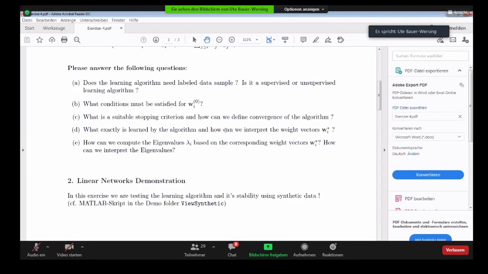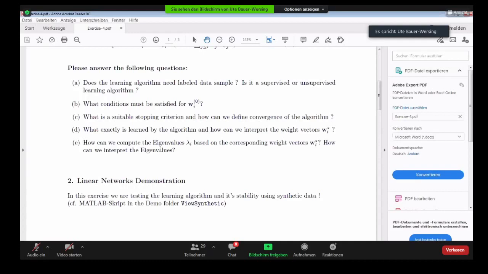So we have perpendicular directions, and we represent the data in a new coordinate system. And the good thing about that new coordinate system is that the covariance between individual features is 0. So we have decorrelated data points. Okay. And the last question is, how can we compute the eigenvalues?